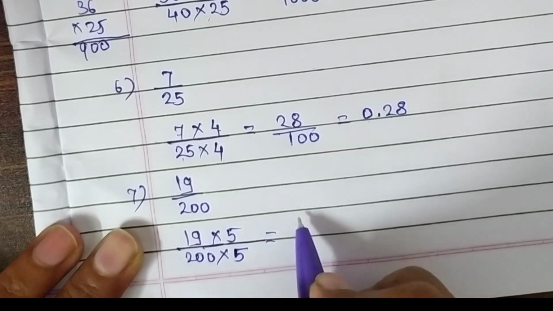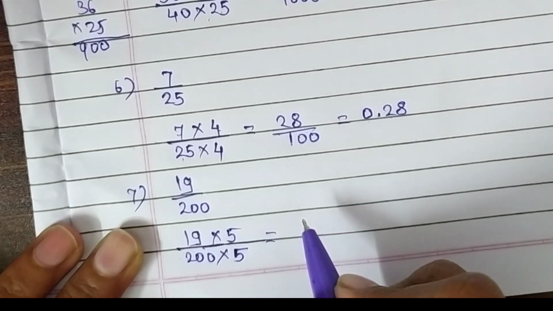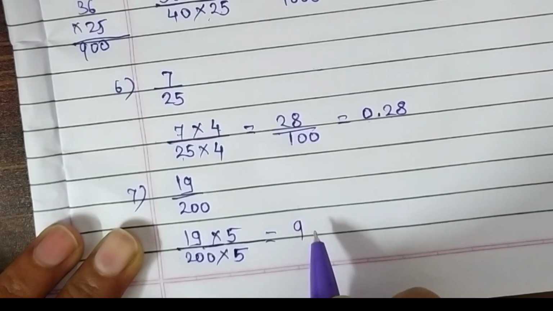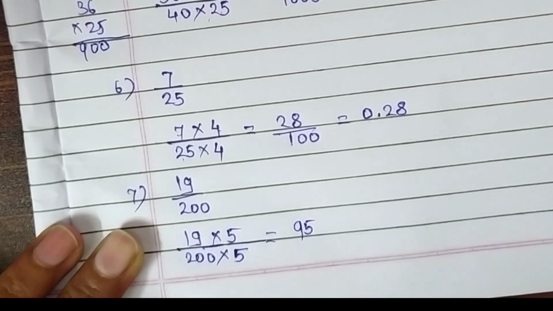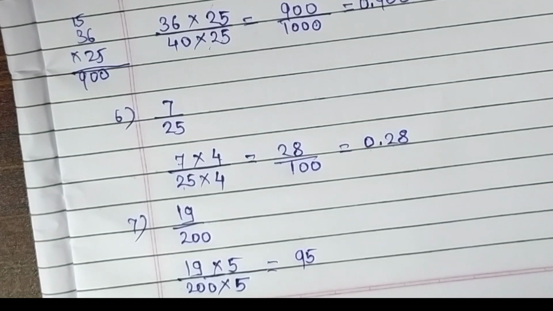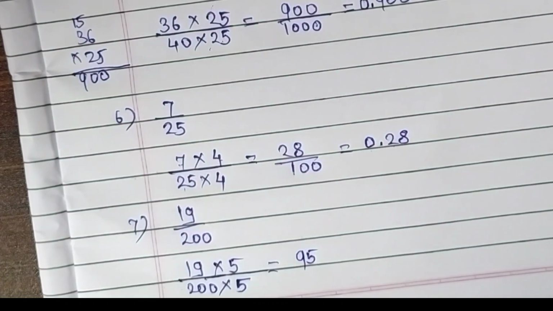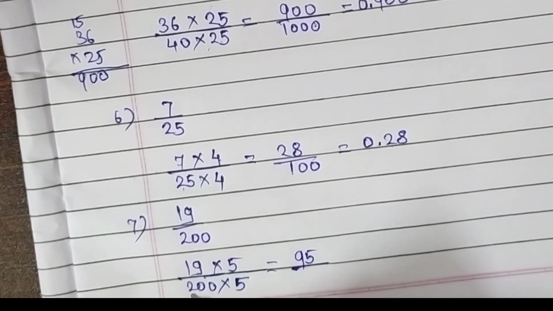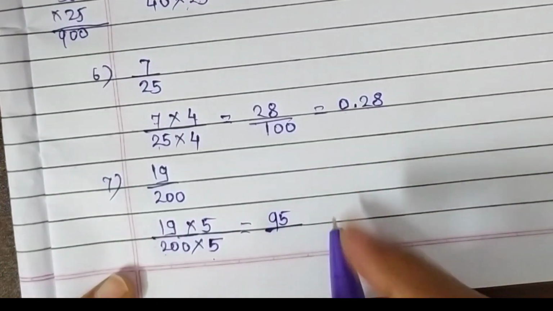Let's find out the product. 19 5s are 95, upon 200 5s are 1000.